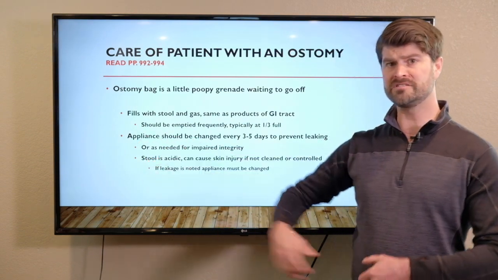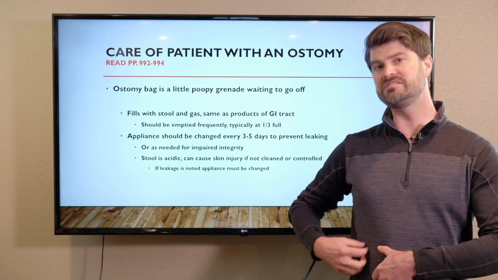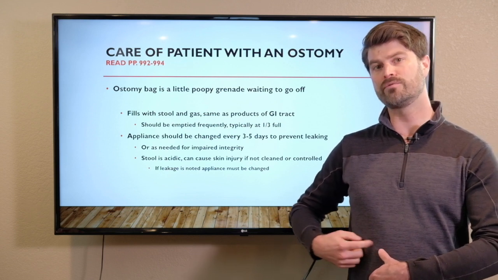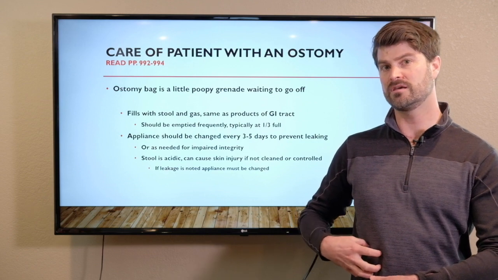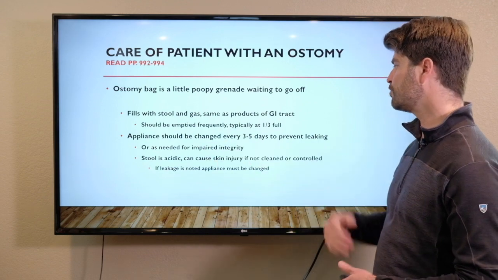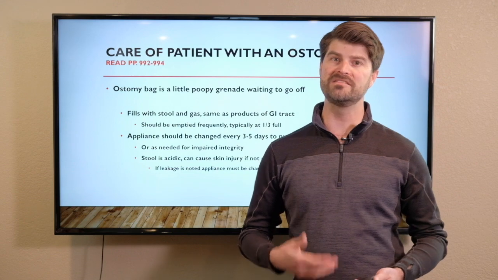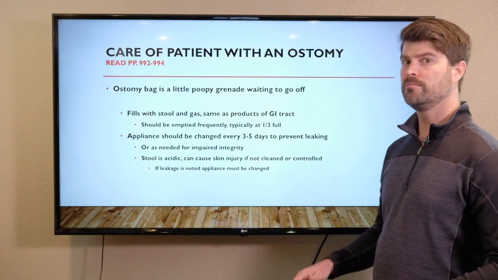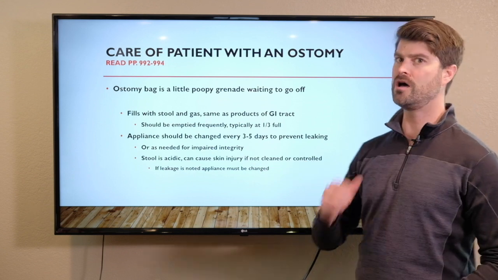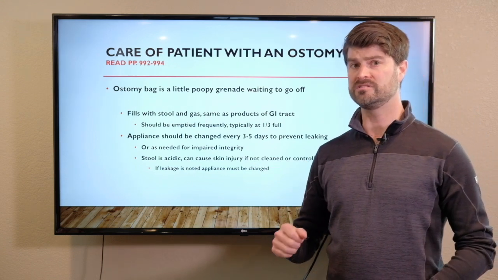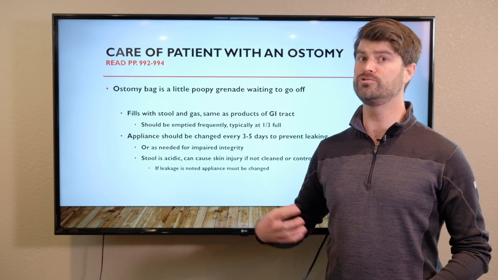The appliance is an adhesive disc that goes around the stoma to help seal the bag to the skin. This needs to be changed every 3 to 5 days or as needed for leaking. But we do want to try and keep these in place for as long as possible because the adhesive on there is no joke.